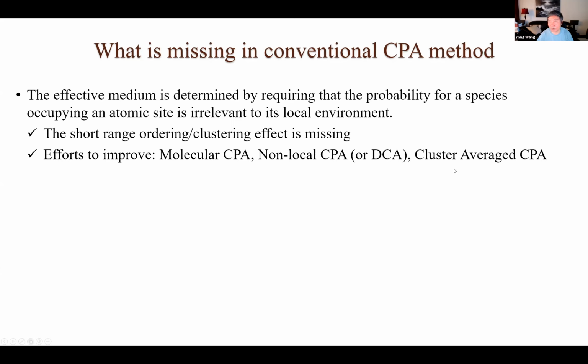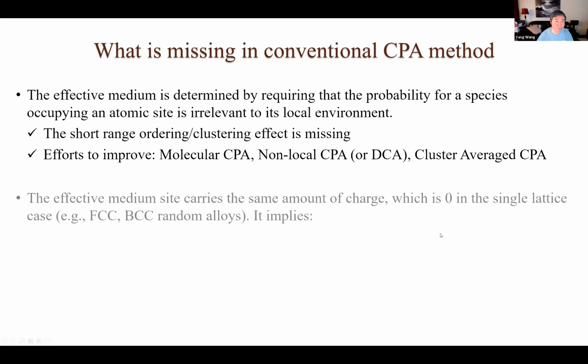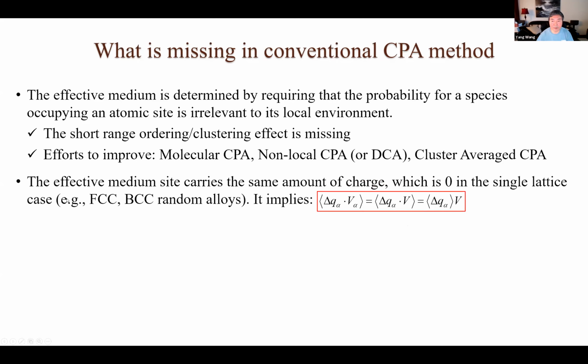I'll explain how it works, and how to include short range order effects. There's another problem. One thing is that this short range correlation effect is missing. Another problem is that the CPA medium site carries the same amount of charge, which is even zero for a simple lattice. As I mentioned on the previous slide, that's because each site has to be charge neutral.